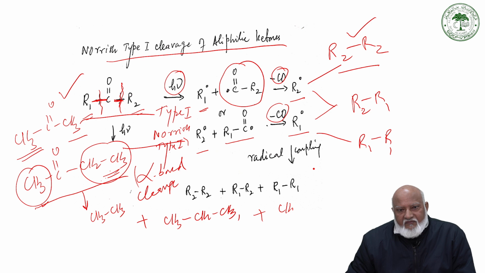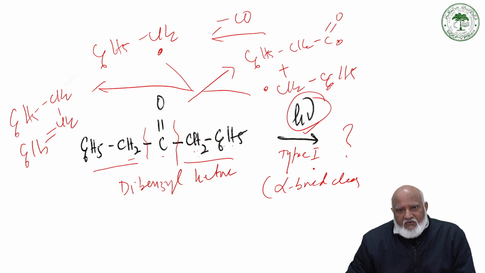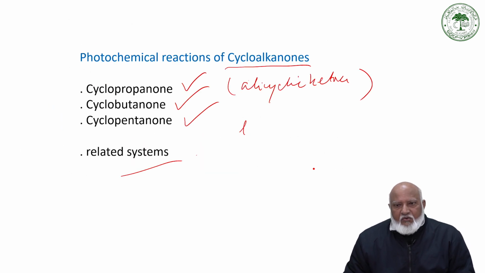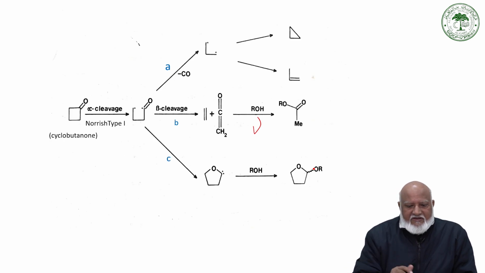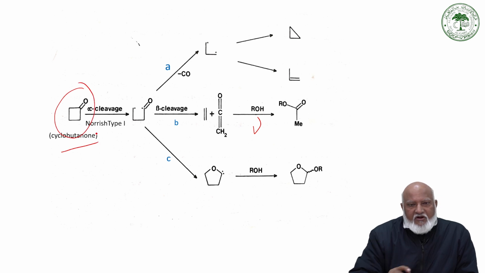That's what we have seen in the previous slides: type 1 reaction of aldehyde, type 1 reaction of ketone, and now we are going to see a few examples of type 1 reactions of cycloalkanones, that is alicyclic ketones. One example is cyclobutanone, which under photolytic condition, h nu, can undergo a type 1 reaction.